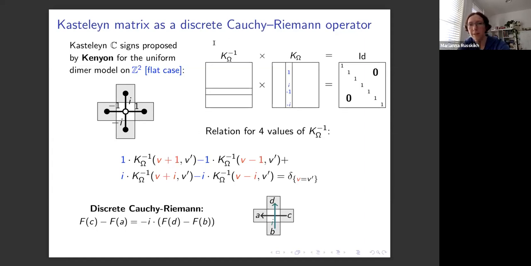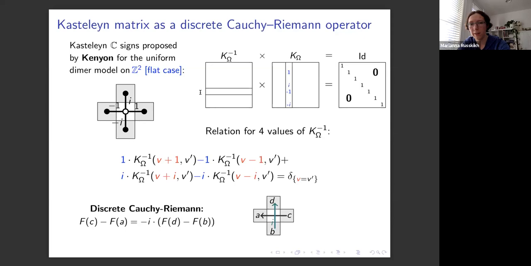So indeed, note that the inverse Kasteleyn matrix times the Kasteleyn matrix itself is the identity matrix. Now, if we think about one row of the inverse Kasteleyn matrix, it corresponds to some fixed white point v prime.